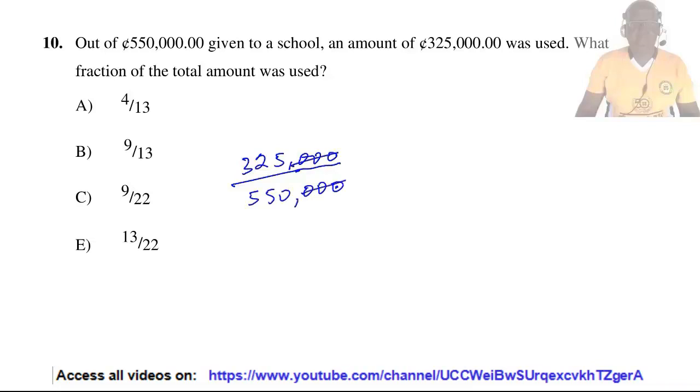Zeros will cancel out. 5 goes here, 6, 5, and 5 goes here, 1, 1, 0. 5 goes here, 1, 3, 5 goes here, 2, 2. So the answer is 13 over 22, which is E.